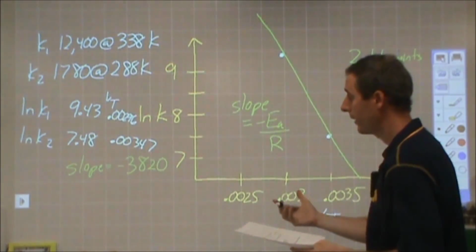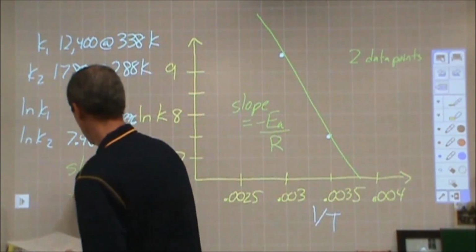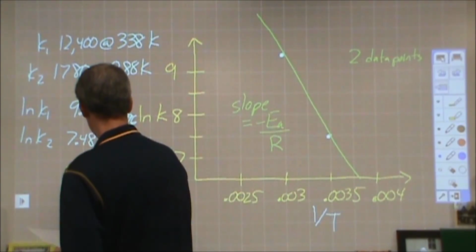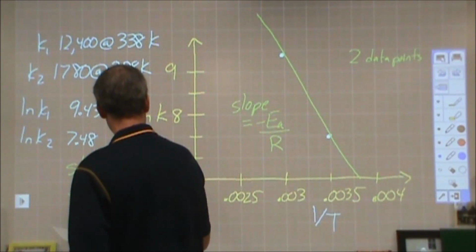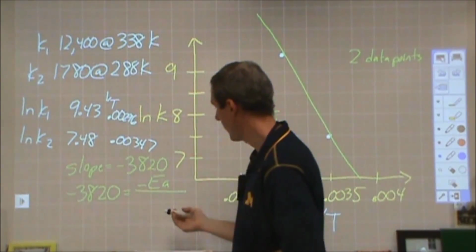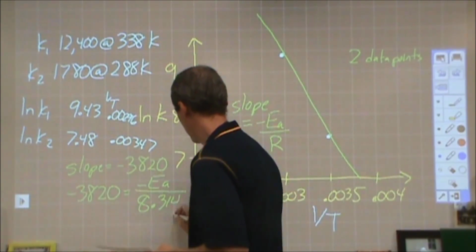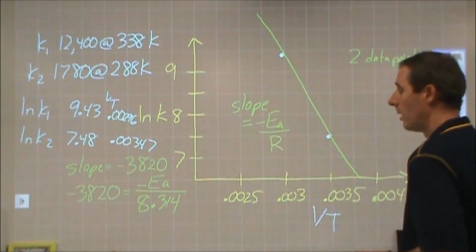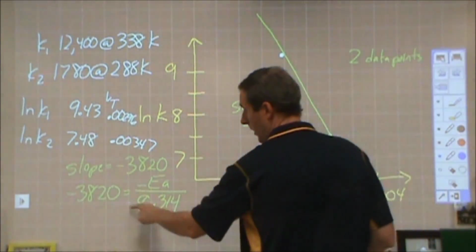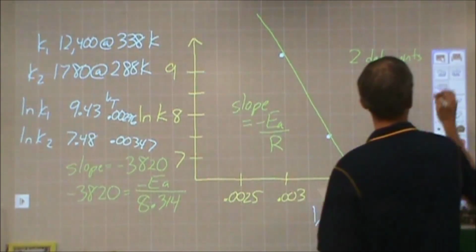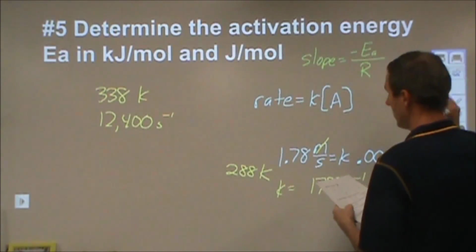That negative 3,820 is equal to the negative activation energy divided by the gas constant R, which is 8.314. So our activation energy is going to be this times this, so we can go back to our problem now.